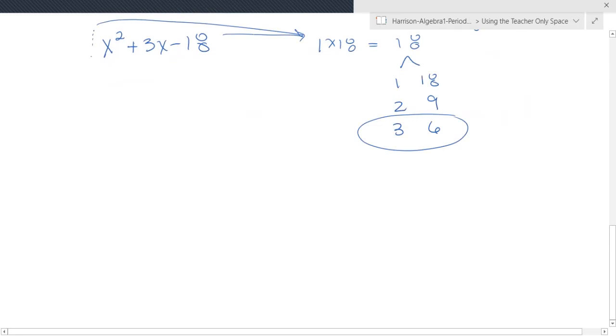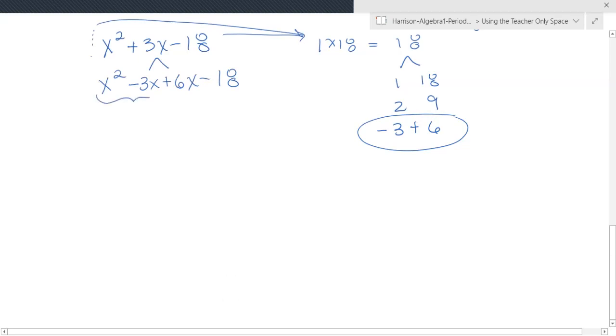So which of these pairs can add or subtract to give us the middle term of 3? Only one choice this time, the 3 and the 6. And we would need to subtract. So it would need to be a positive 6 minus 3 to give us that middle term. So we're going to replace this middle term with minus 3x plus 6x. And then factor by grouping.